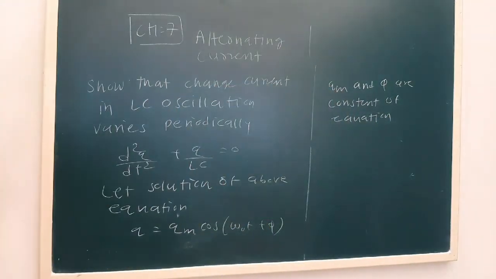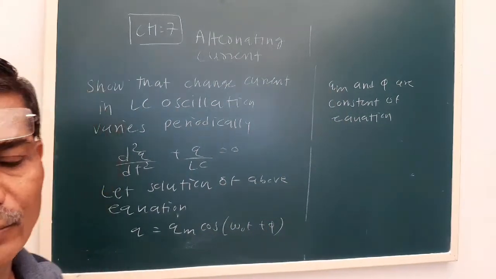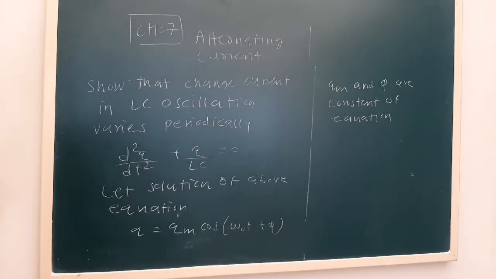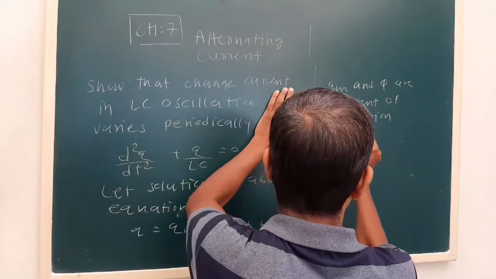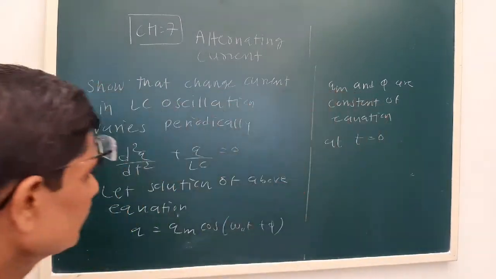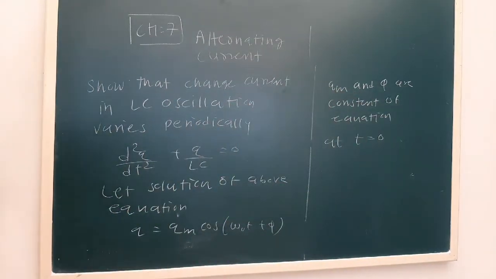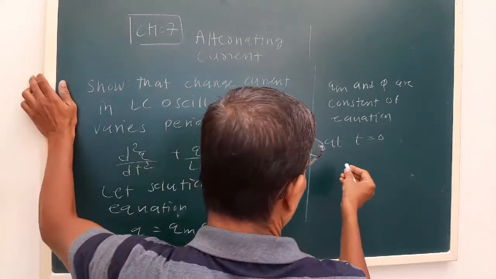Now see what is our t is 0, the moment where the battery is removed and the inductor is connected. So at t is equal to 0, q will be equal to qm, the maximum charge.